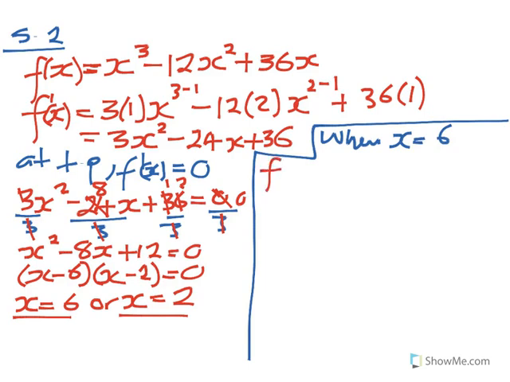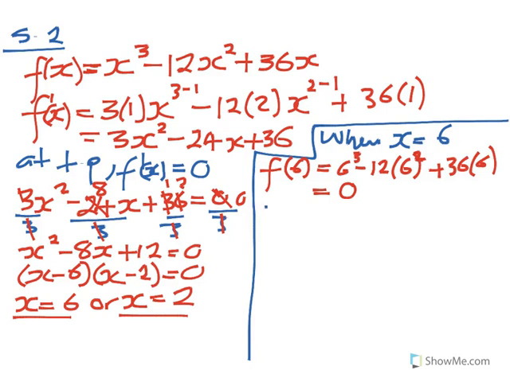So you're going to substitute in the original equation, which is f of 6 is equal to 6 cubed, remember, this is the original equation, minus 12 times 6 squared plus 36 times 6. If you punch this in the calculator, you are going to get 0. Which means when x is equal to 6, y is equal to 0.